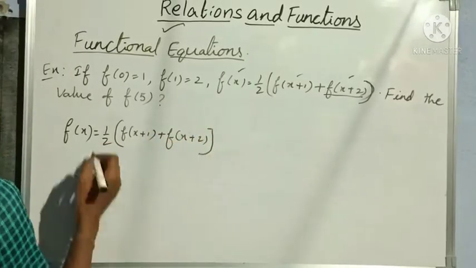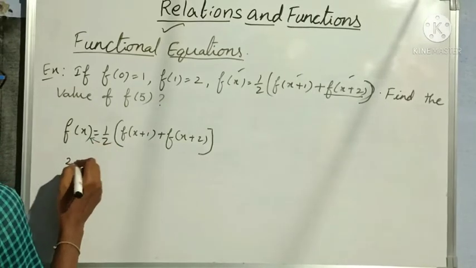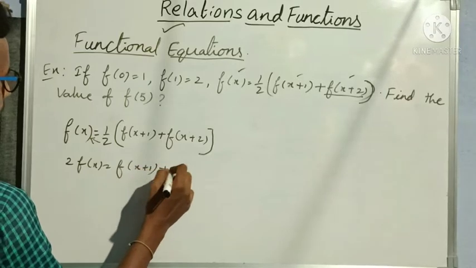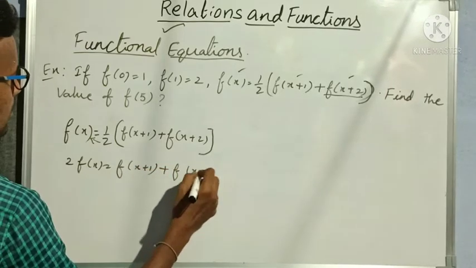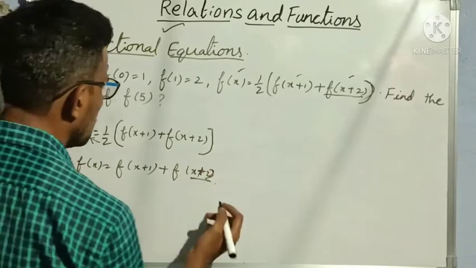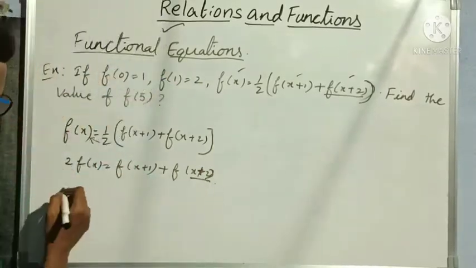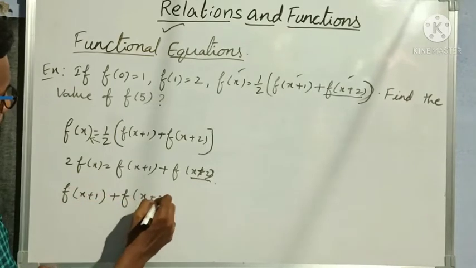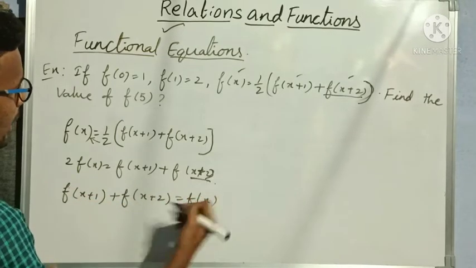If I take this 2 to this side, then I will get 2 f of x is equal to f of x plus 1 plus f of x plus 2.